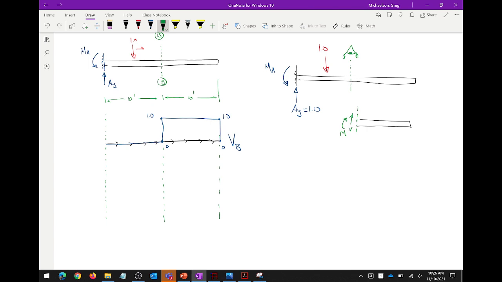When the load is over here, what is V? There's nothing there, right? There's not a thing there. In fact, the entire time that the load is on this side of the line, I cut a section, look this way, V is 0. Every time the load is over here, V is 0. But what happens when that load just barely goes on the other side of that line?